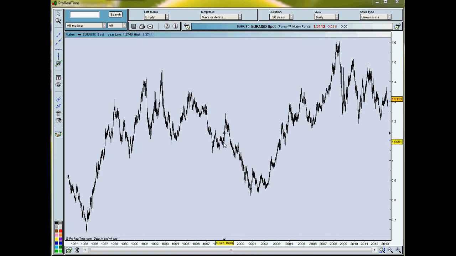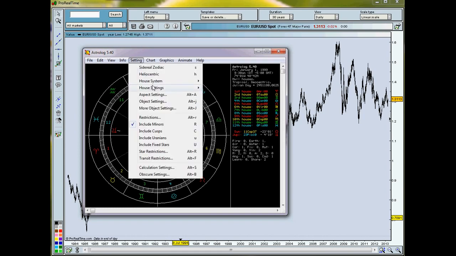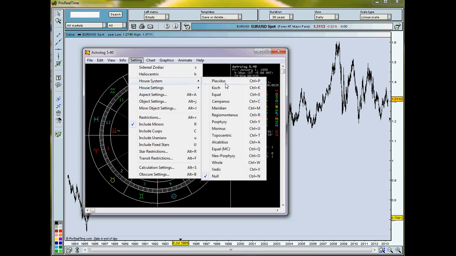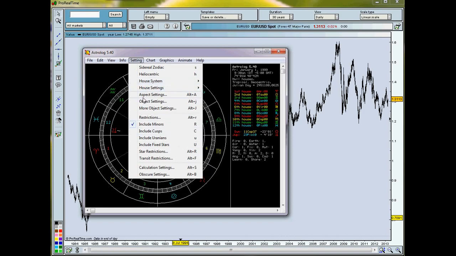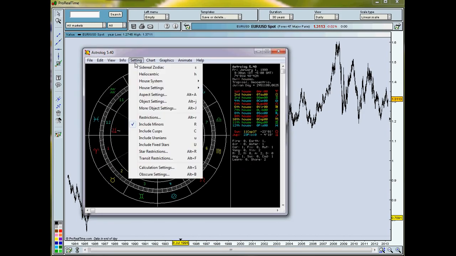So what we're going to do is bring up Astrolog, and I have it set to New York. That'll work fine for what we need. The house system I have set to null. For the aspects, I have just these 5 to the orb of 1, like I normally do.